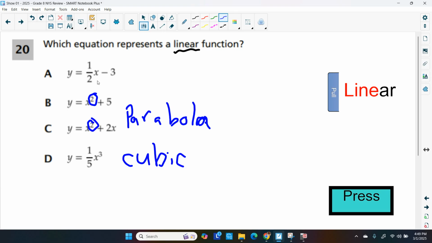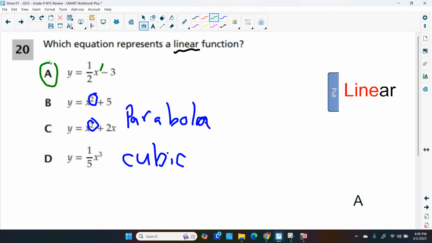Well, since the fraction is not what we're worried about, we're looking at the x. What is the exponent of the x? Well, when they don't write it, it's a 1. So that means it's linear. So my answer would be choice A, the linear, because it only has an exponent as highest, which is 1. So A would be it.